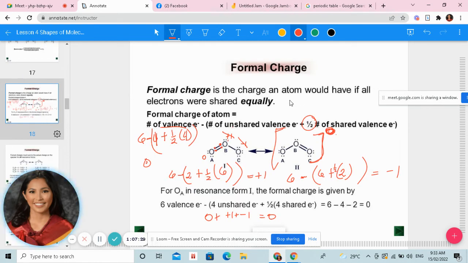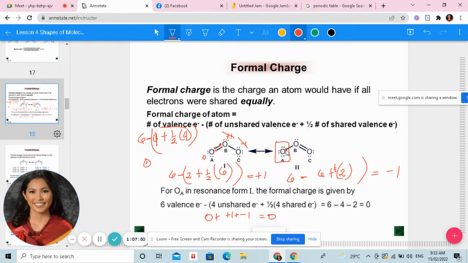Okay. That's the formal charge of your ozone. Now, we still have a trick on that, which is you box each oxygen. How many electrons here? We have 1, 2, 3, 4, 5, 6.